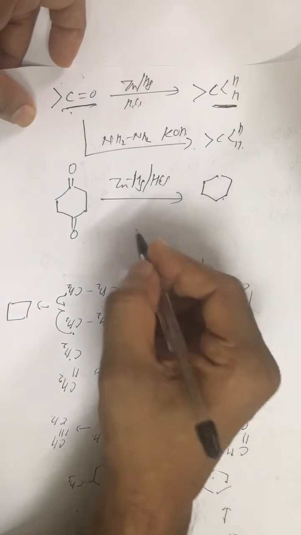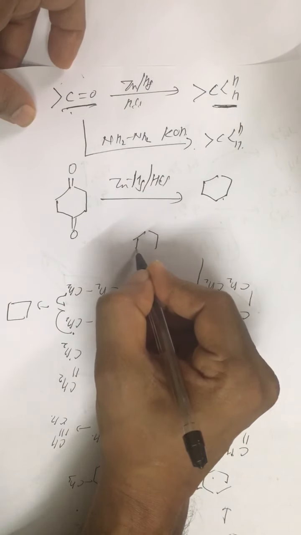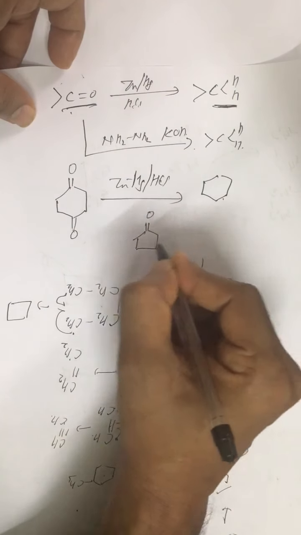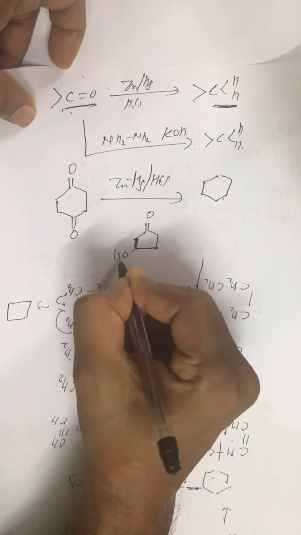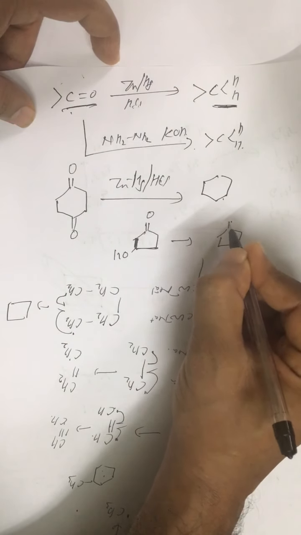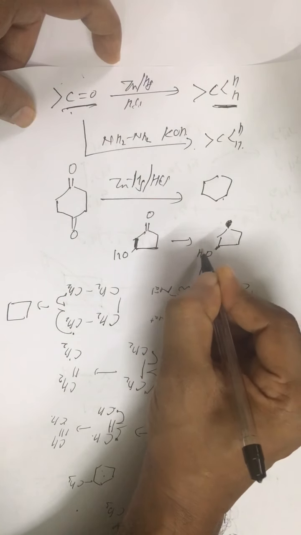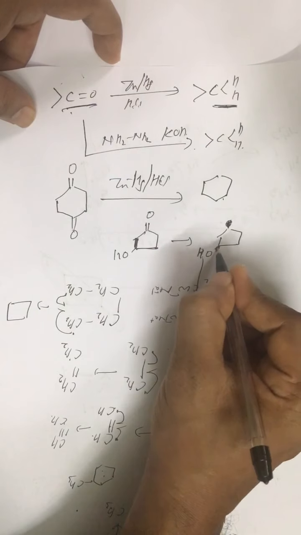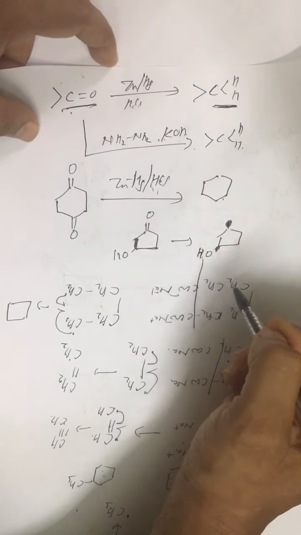Alright. So these kind of questions are normally seen, and say suppose we have this kind of compound and we want to convert it into this kind of compound, that is it is reduced and OH group remains intact. So which reagent should be used, whether hydrazine and KOH or zinc amalgam HCl?